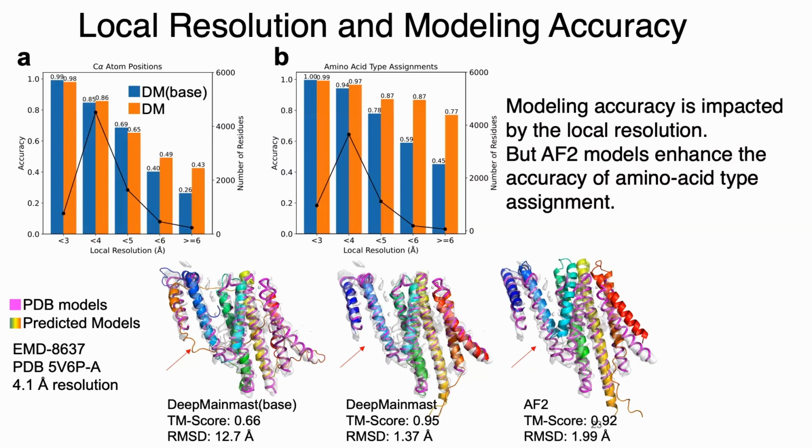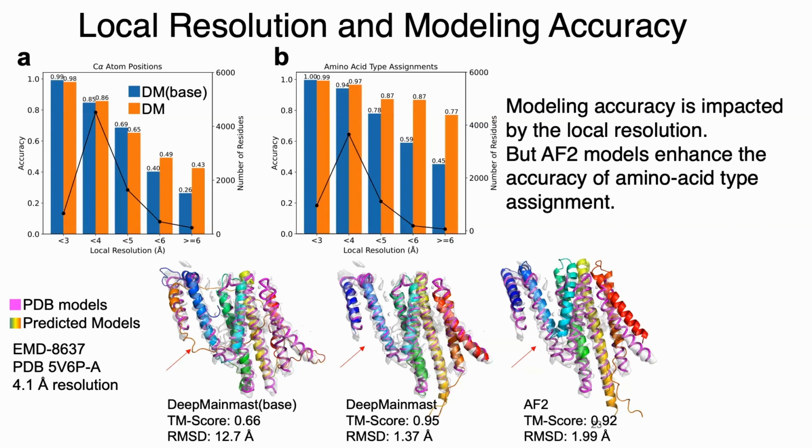This is also the same for the amino acid type assignment. If the resolution is better than 3 angstroms, deep learning can assign the amino acid very accurately, but at 5, 6, or worse than 6 angstrom, the performance dramatically drops for the blue bar, DeepMainmast base. But the orange bar shows DeepMainmast with AlphaFold.